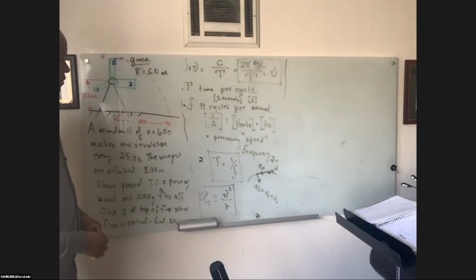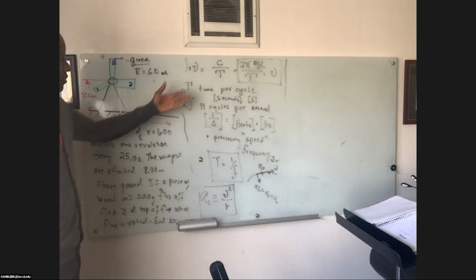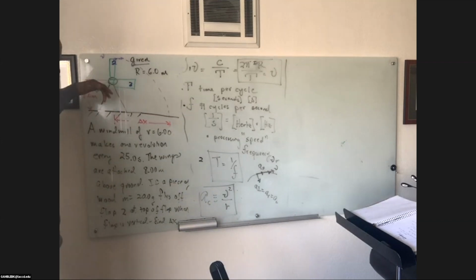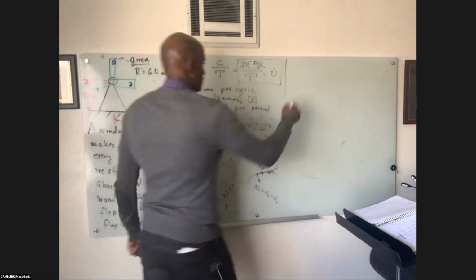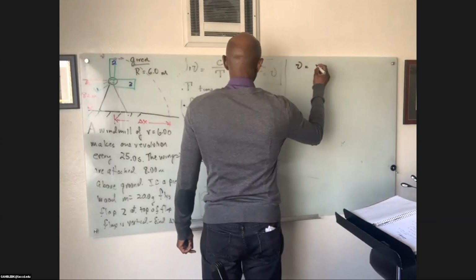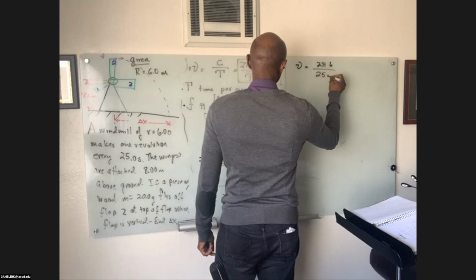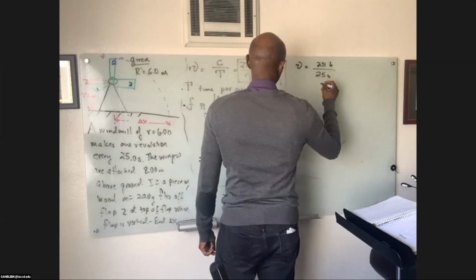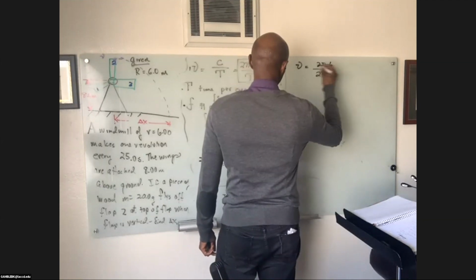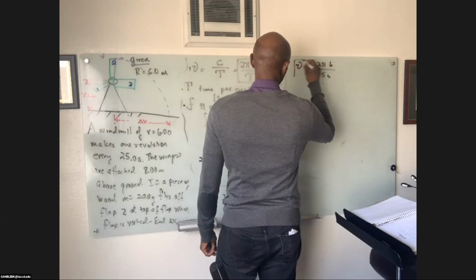The period is 25 seconds, and you also have the circumference. You can figure out the speed it has as it moves around, and that speed becomes the velocity that is projected off at the top. That's the magnitude. So that speed or velocity is 2 pi times 6 divided by 25 seconds. That will give you the speed.